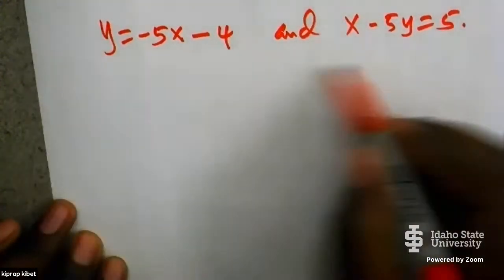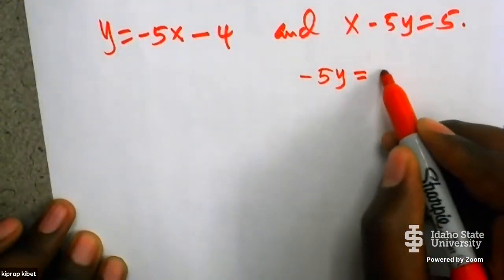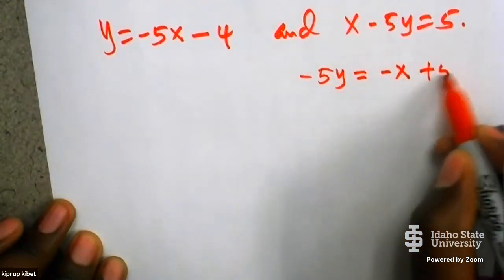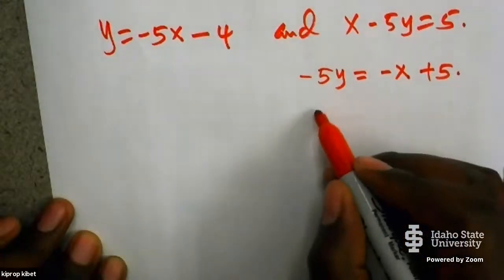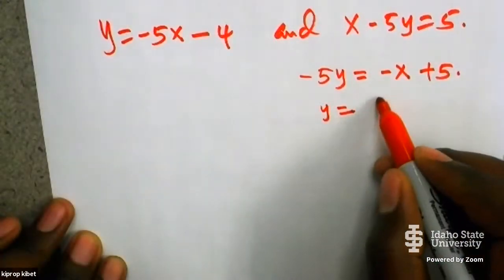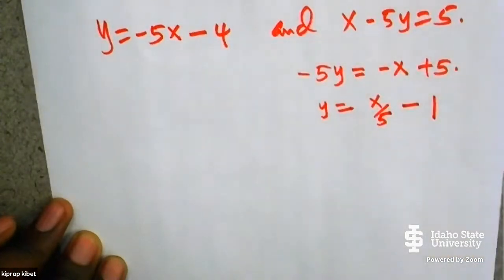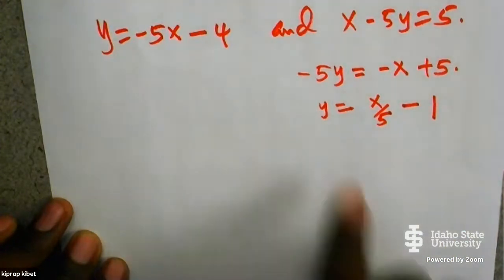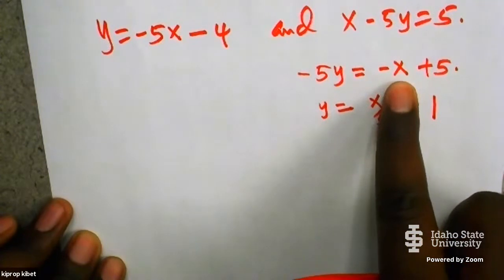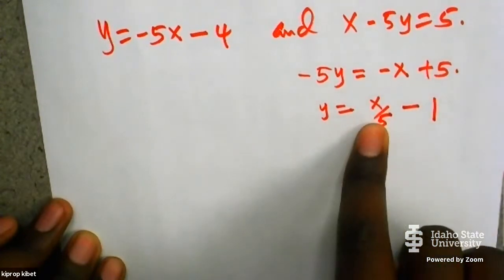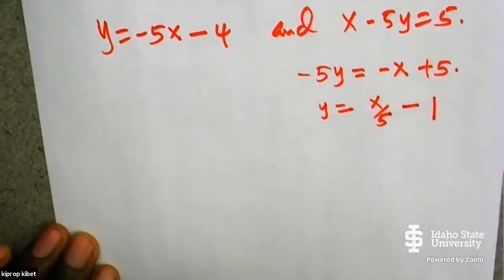So here it will be -5y equals -x + 5. Then you divide by -5. So y equals x all over 5 minus 1, right? Because you divide everywhere by -5. When you divide this one by -5, it will be plus, and this one by -5 will be minus 1.